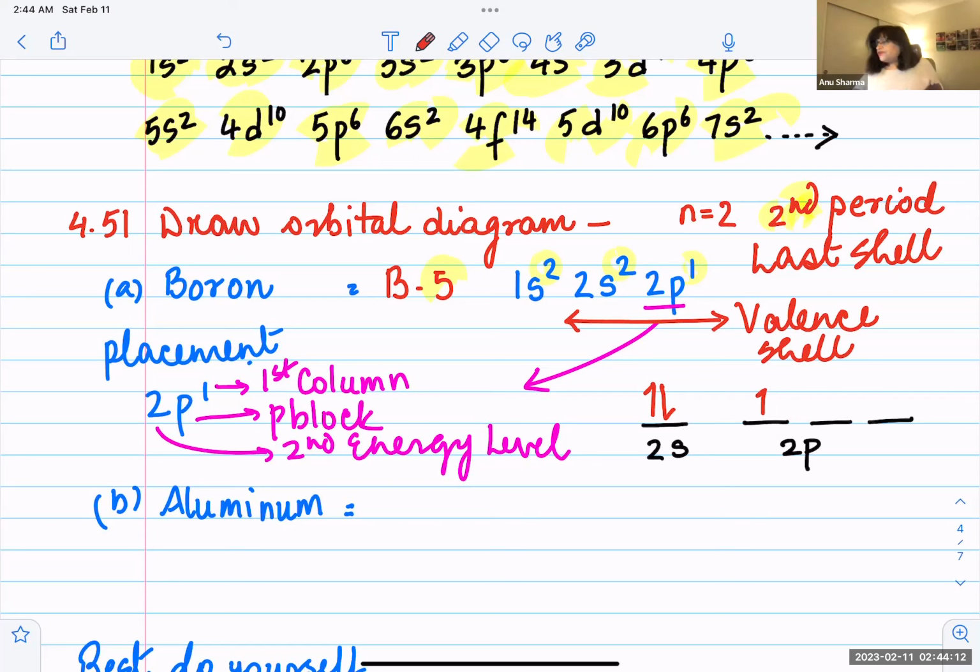And you can create the inner core, which is that of helium. Helium is what? Helium is 2. Okay, so helium is 2, and then 2, 3, 4, 5. Okay, so that's how you write it down for boron.